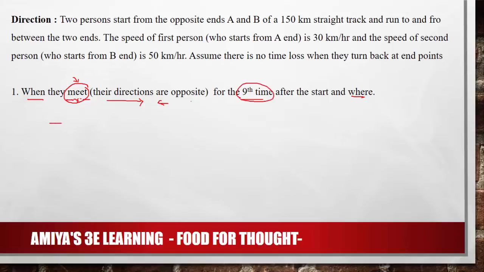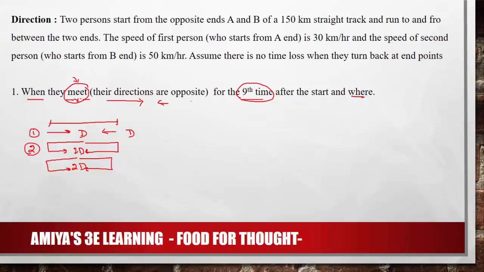When we start from the opposite ends, in the first meeting, the total distance traveled by both is d. For the second meeting, the total distance traveled is 2d. And for the subsequent meetings, they always travel the total distance of 2d. So in the first meeting, the distance traveled is d.